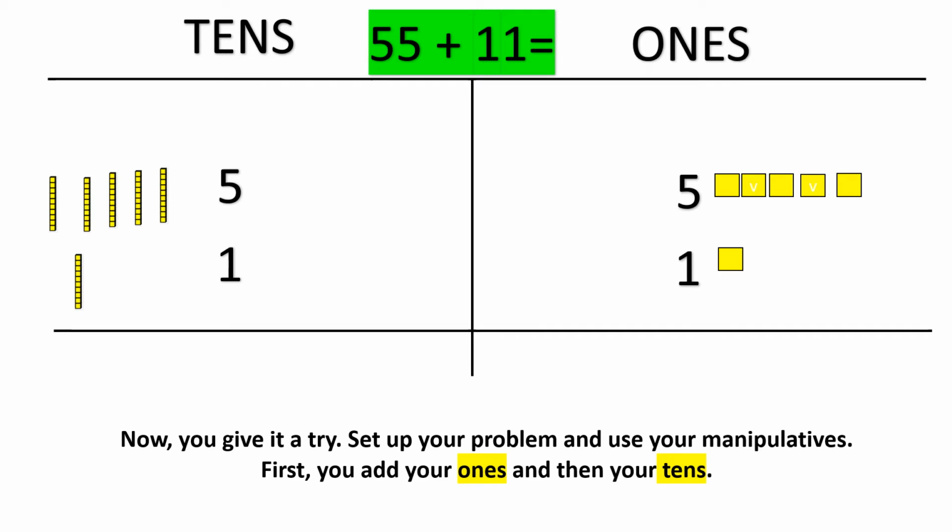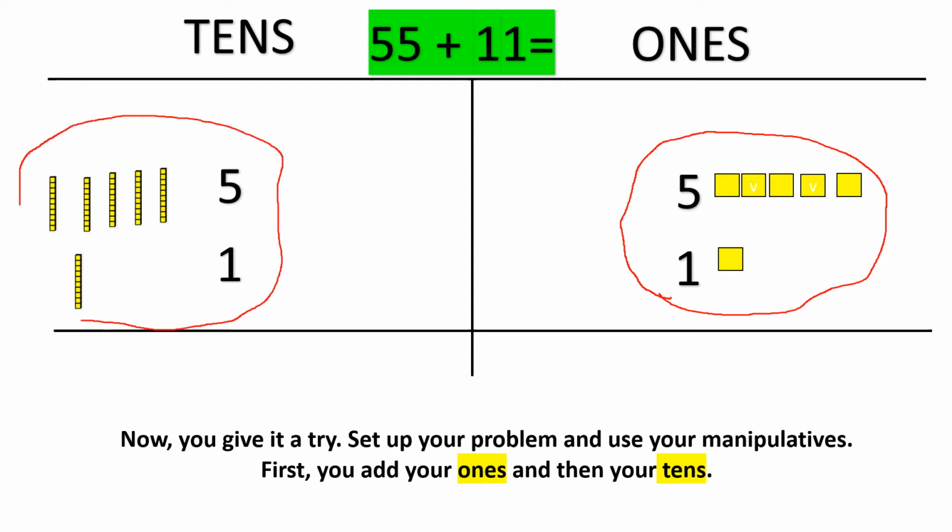55 plus 11. Set up your problem like it looks on the screen. Remember, first you add your ones, then you add your tens. If you have manipulatives or counters, please use them to help you add.